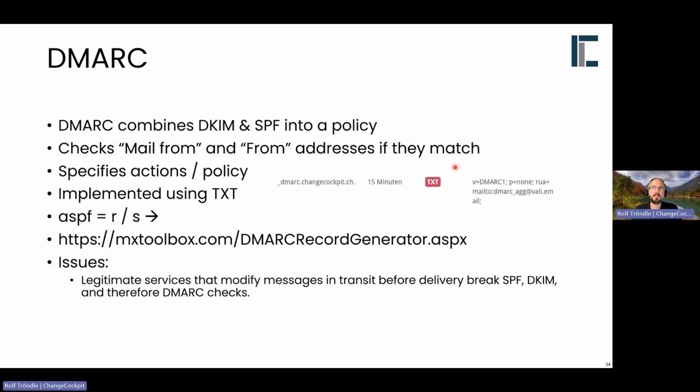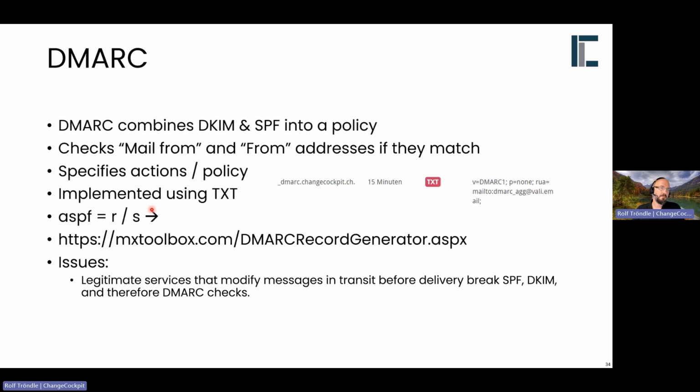In this case, it's policy equals none. You could add policy equals quarantine or policy equals reject. So if I have policy equals reject for ChangeCockpit.ch, and you would try to send an email with the sender Rolf at ChangeCockpit.ch, then it would be rejected because you would fail SPF perhaps, but also DKIM.